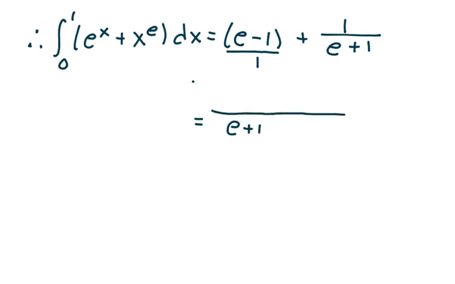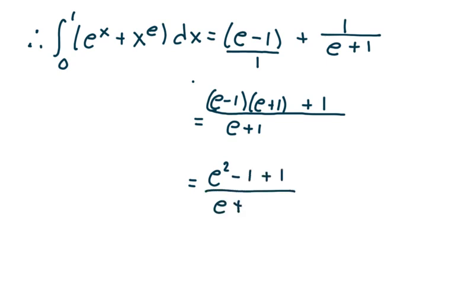And so in the numerator, you're going to get (e minus 1) times (e plus 1) plus 1, which is e squared minus 1 plus 1 divided by e plus 1, which is e squared over e plus 1.